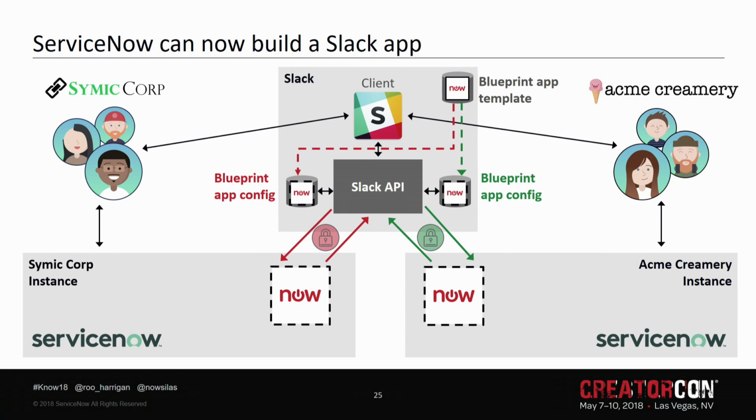The value that you get from being able to protect your feature functionality really comes into play if you think about upgrade scenarios. When we at ServiceNow release new functionality as part of our Slack app, we're going to be updating the blueprint app definition.